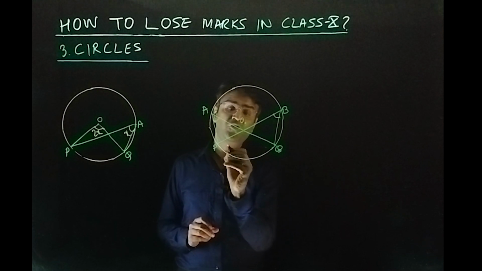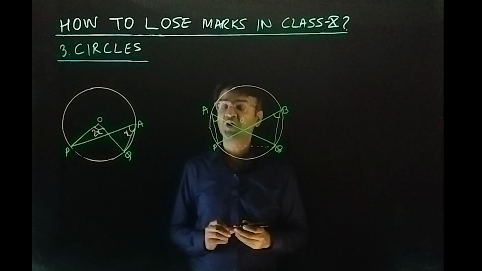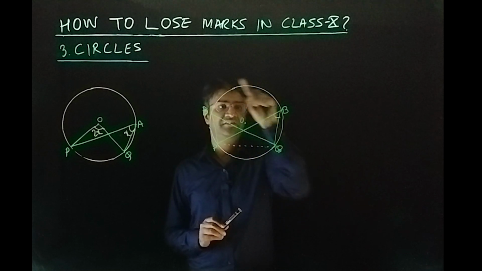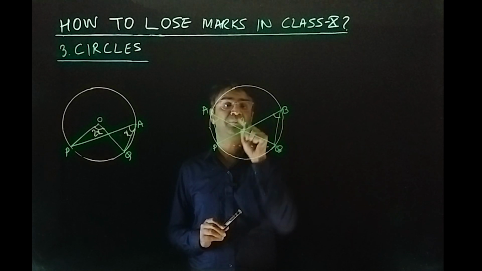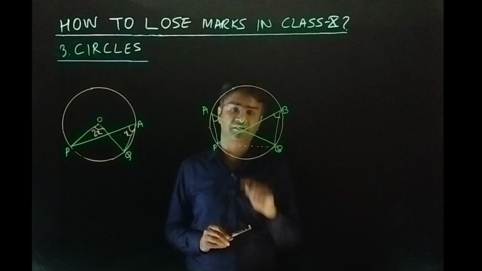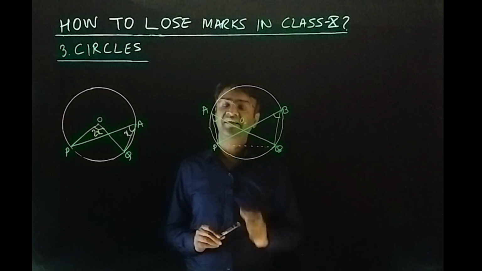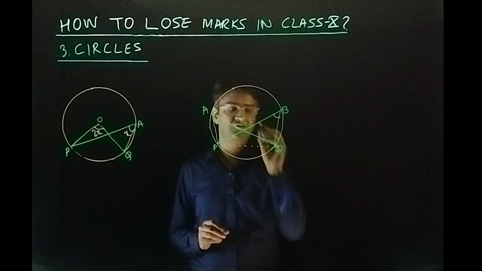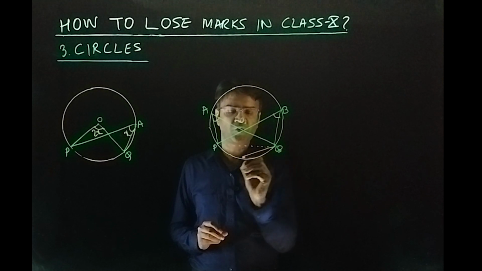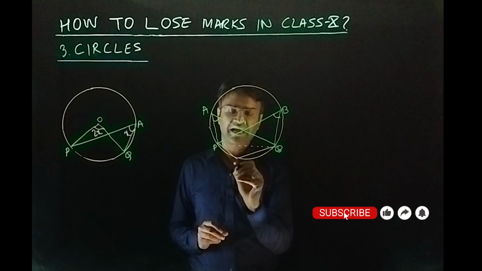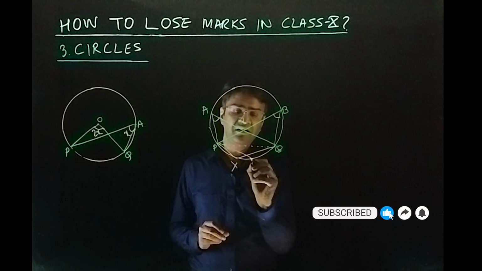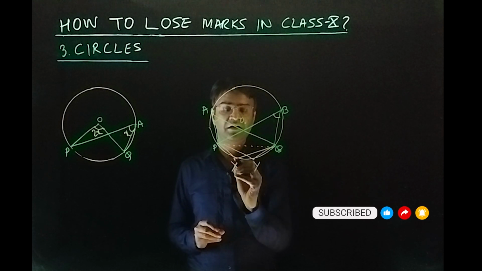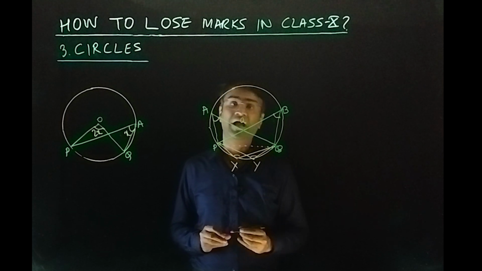Although I have not drawn a segment, had I joined PQ, you will get two segments: this segment, the major segment that contains the center, and this, a minor segment. And even here, this is true. That means if I join like this and call it X, and like this and call it Y, we know angle X will be equal to angle Y.